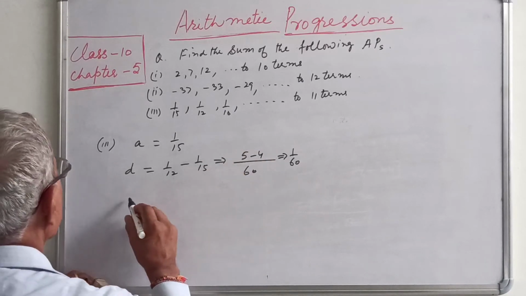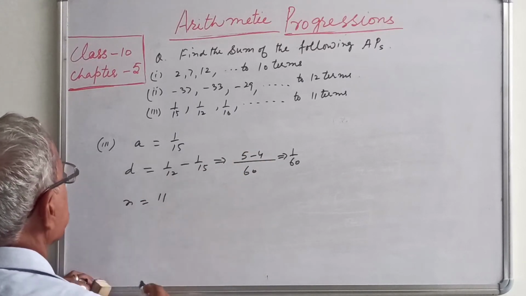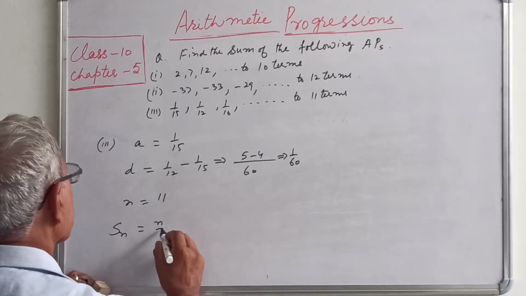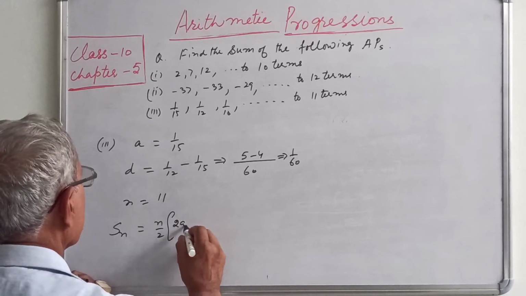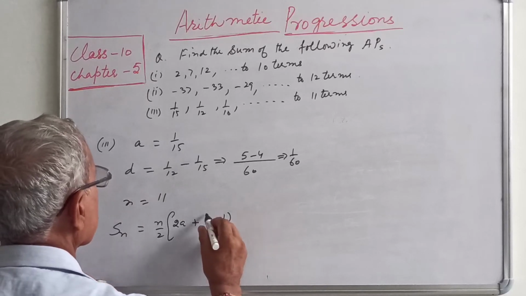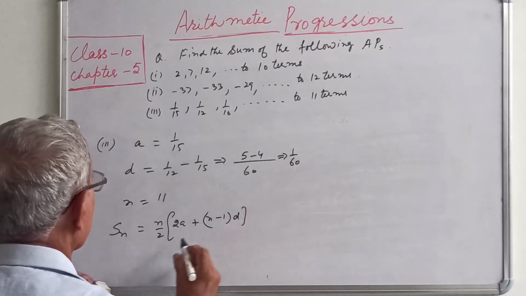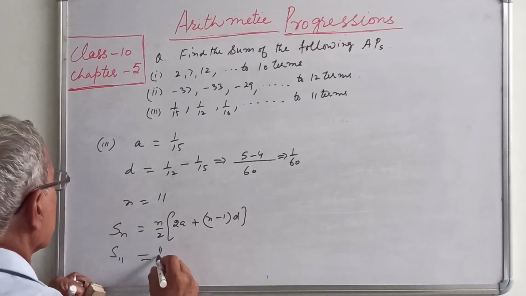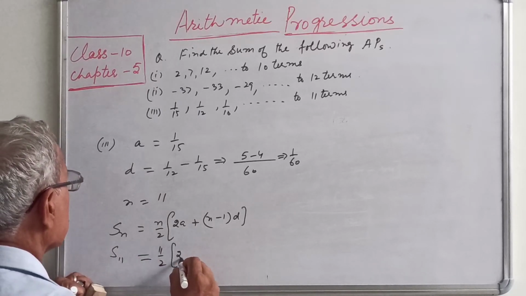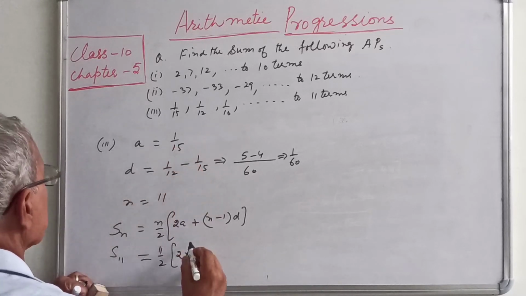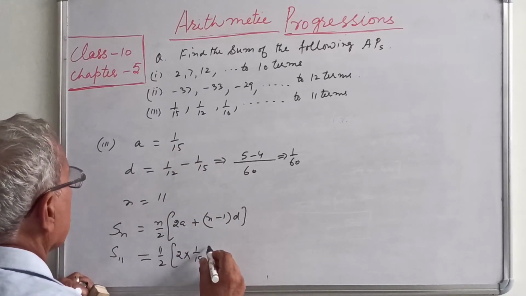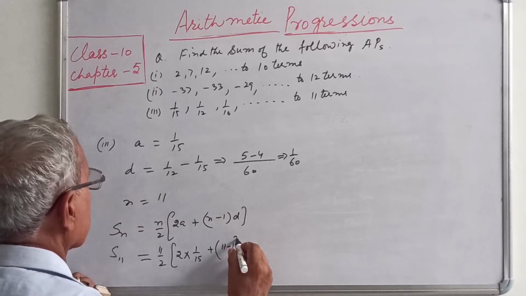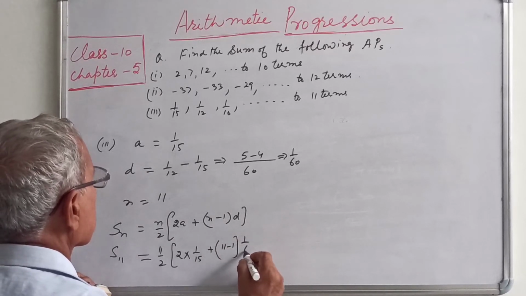So n here is 11. So Sn is n upon 2 into 2a plus n minus 1 into d. So S11 will be 11 upon 2, 2a here is 1 upon 15 plus 11 minus 1, d is 1 upon 60.